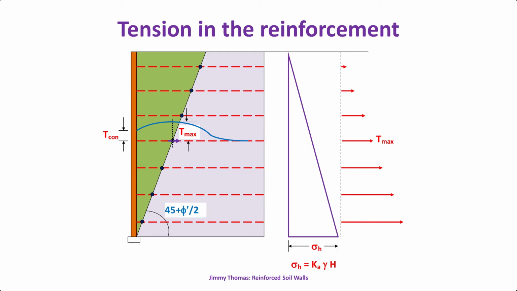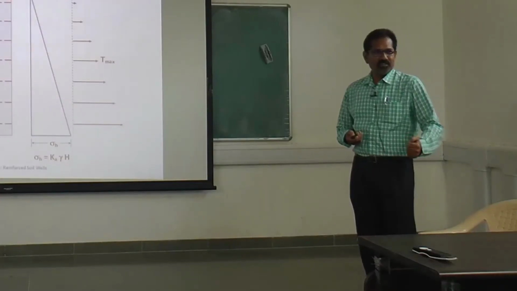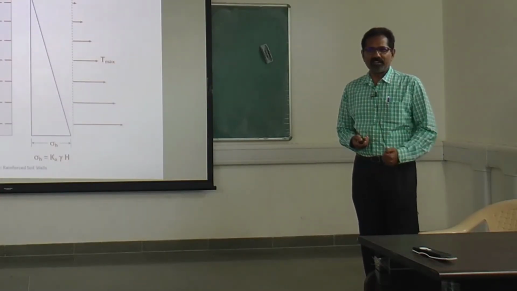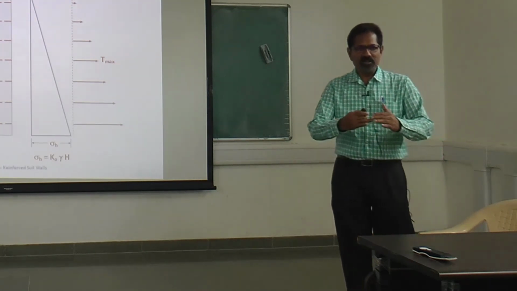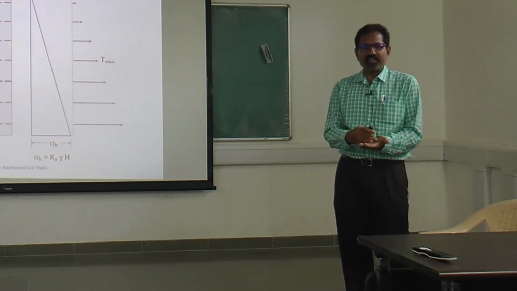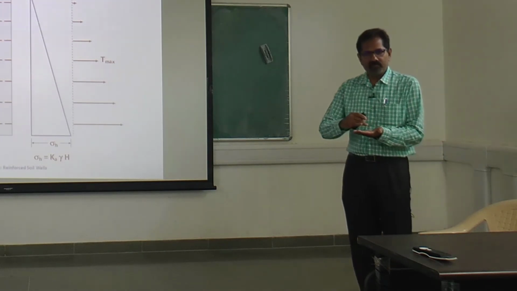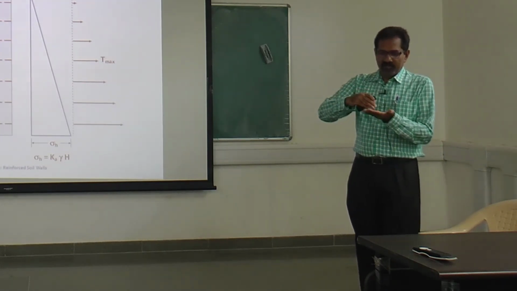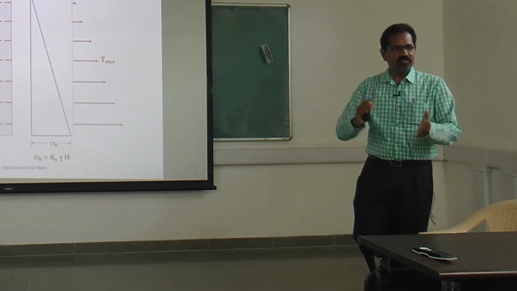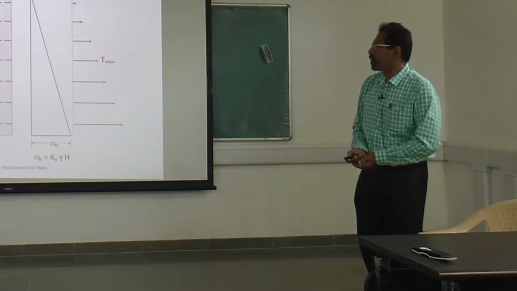The reason is that theoretically I can put just 2 very strong layers also. The stability will be satisfied, but then it will not be a composite mass. We want it to be a composite mass. For that, a limit has been put. As long as the spacing is within 0.8 meter, it behaves as a composite mass.